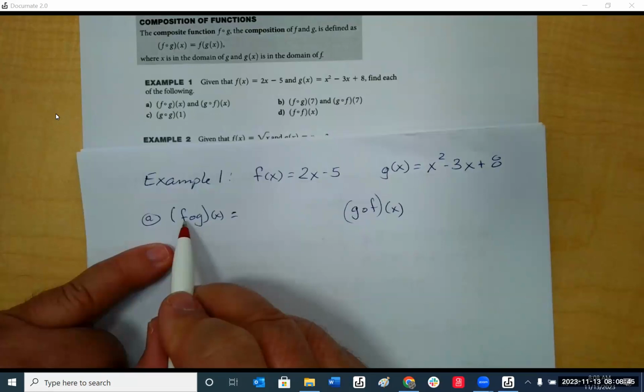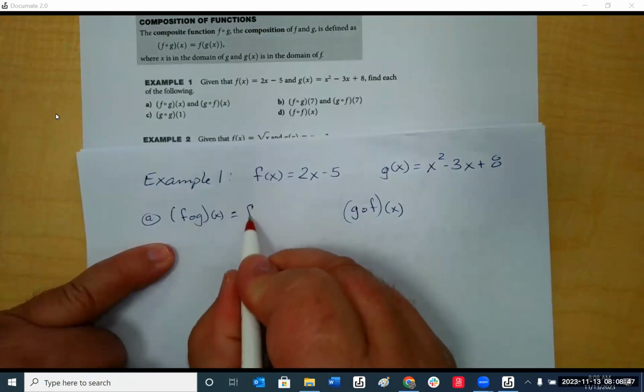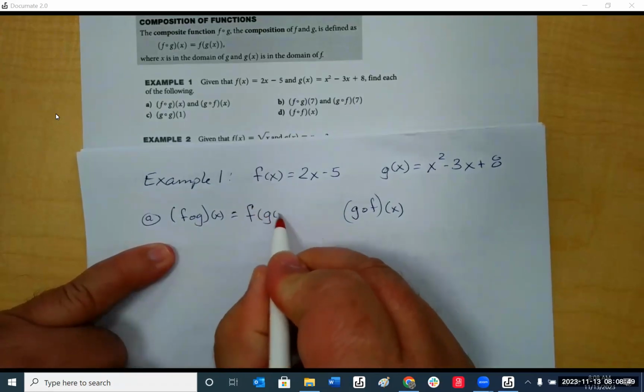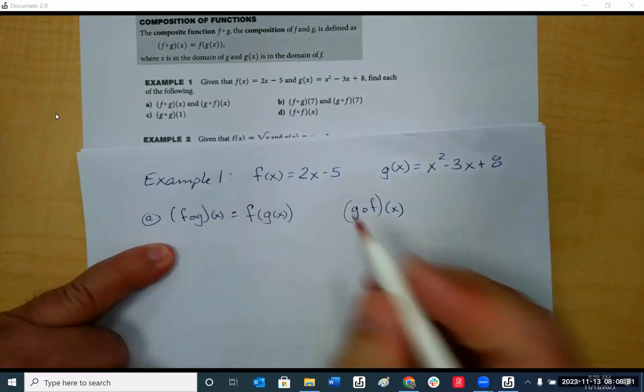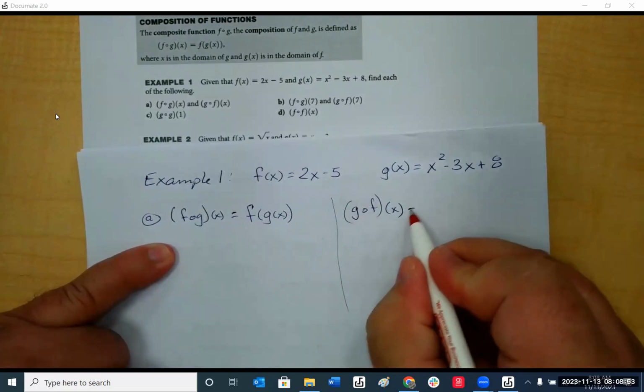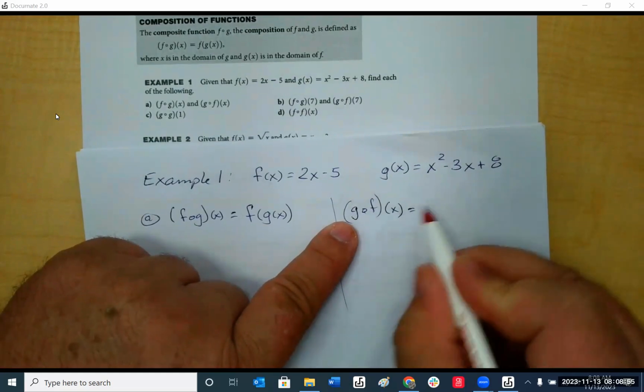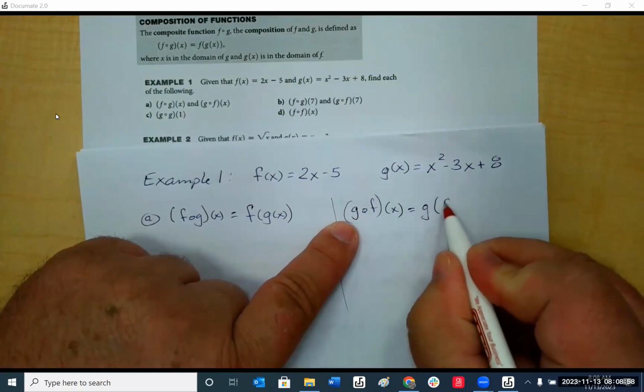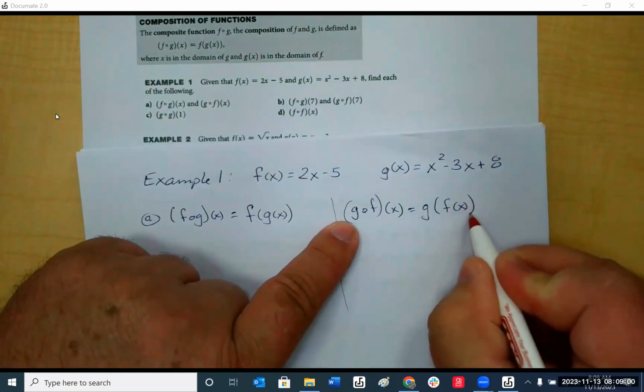What the first one means is f of g. So it's f of g of x. And the second one is g of f. So it's g of f of x.